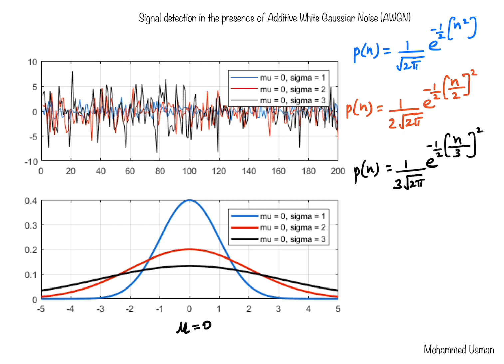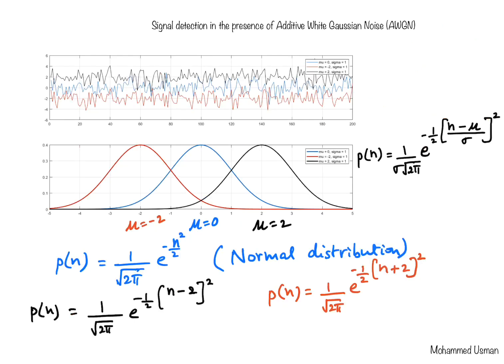So now let's put everything together and just summarize this very quickly. When we have the mean value changing, what we notice is that the PDF gets shifted left or right. So the PDF of the Gaussian distribution gets shifted either to the right or to the left, depending on the mean value of the distribution.